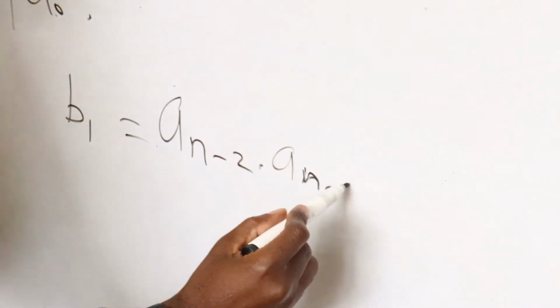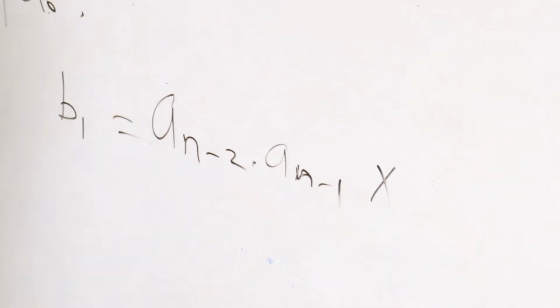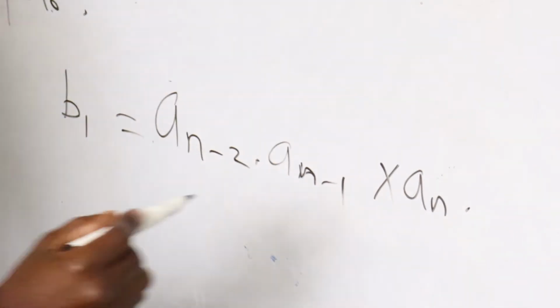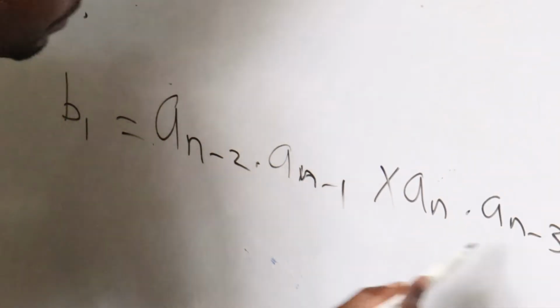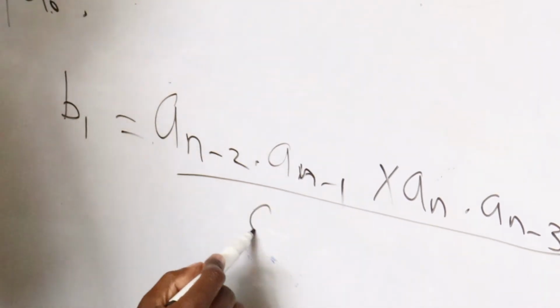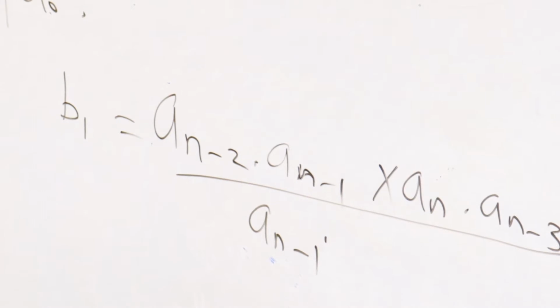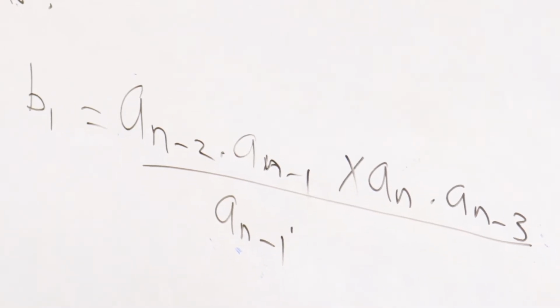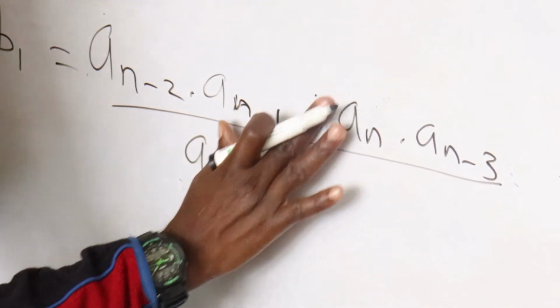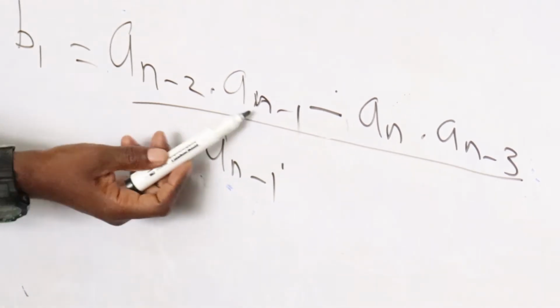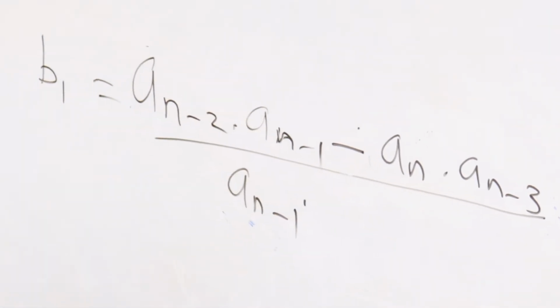We are supposed to subtract in between: these ones we multiply, then we subtract that.